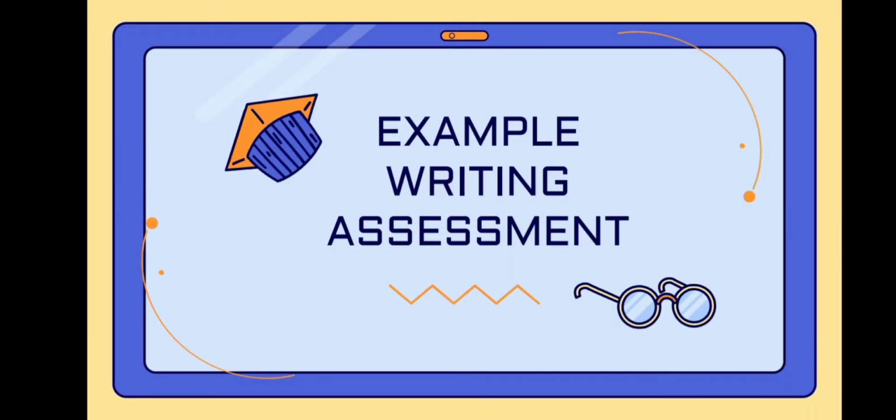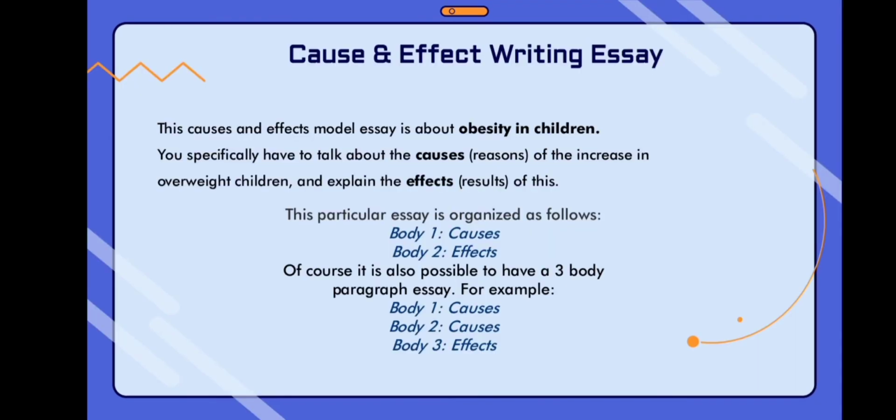The next is example writing assessment. Cause and effect writing essay. This cause and effect model essay is about obesity in children. You especially have to talk about the causes, the reasons for the increase in overweight children, and explain the effects, the results of this.